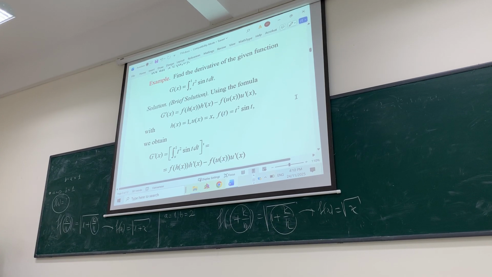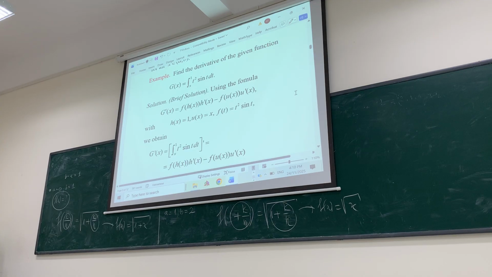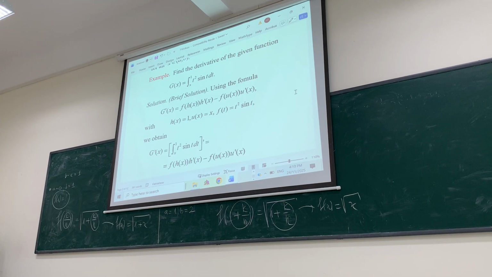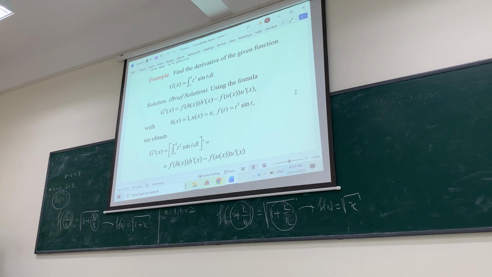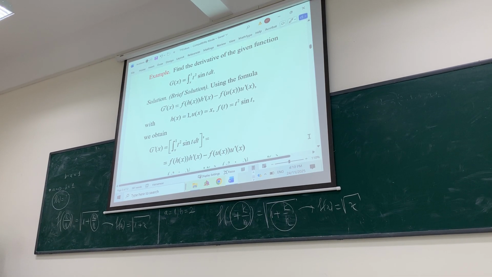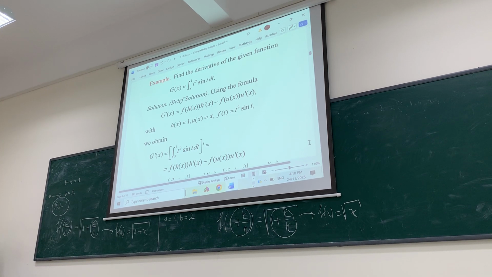We replace a equal 1, u equal x, f(t) equal t squared sin t. You write this down before you continue.